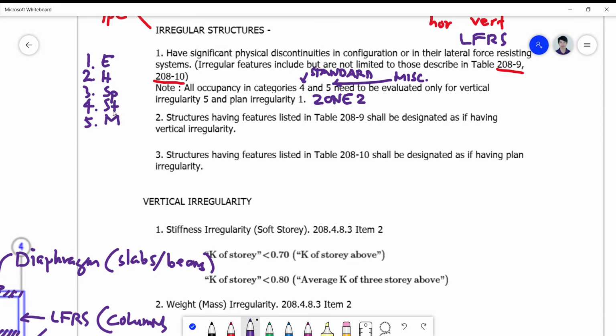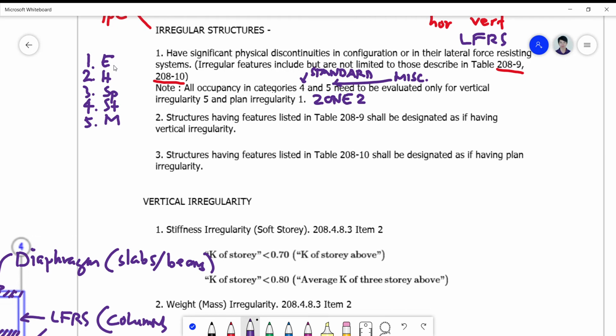If we are talking about the hierarchy of categories, the most significant or the most important are essential structures. From the word itself, they are essentially built for a purpose. So they must resist earthquake because they are the ones that are needed in case of disasters.